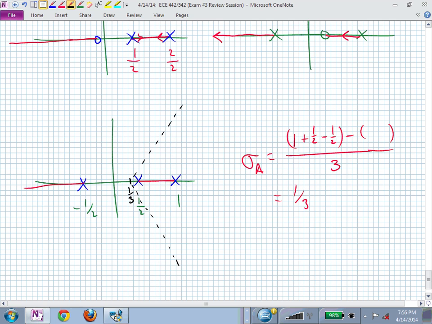I know that makes you feel nervous, but if I said, where's the breakaway, you could find it, couldn't you? It's the relative max between 1/2 and 1. So these two are moving towards each other. They break away. One branch goes to that asymptote, one goes to that asymptote, and this one goes to the third asymptote at 180. That's your root locus.